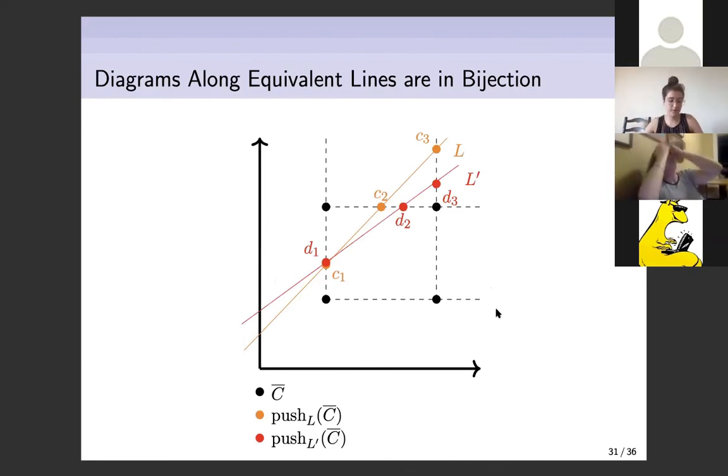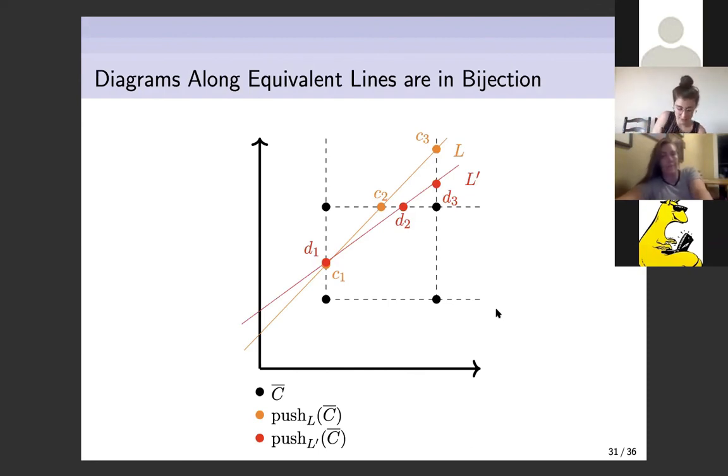Again, we have here our lines L and L prime that are in the same position with respect to all of the critical points that are denoted in black here. C1, C2, and C3 are the pushes of the critical values onto L. Same for D1, D2, and D3, they're the pushes of the critical values onto L prime.